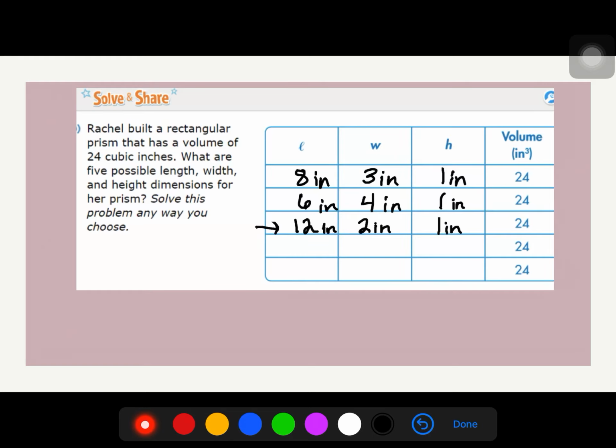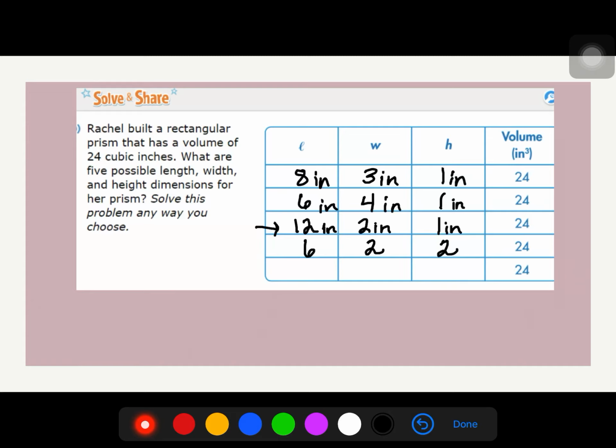Since 2 is prime, I can't break that up any, but I can break 12 up into 2 different factors, right? I could say 12 is the same as 6 times 2, and 6 times 2 times 2 is 24.